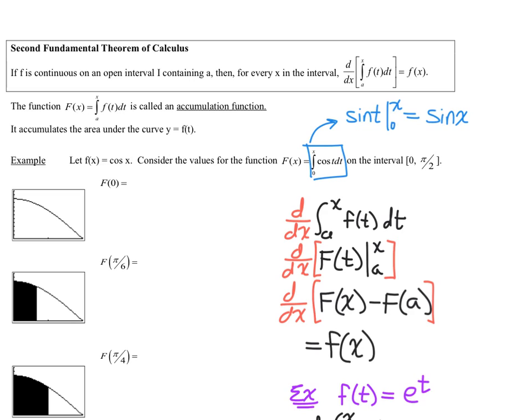And then from this function, I can find f of 0, which would be 0. According to the diagram, that makes sense. No area has been accumulated. How much area would have been accumulated after I've gone pi over 6 in the x direction? Sine of pi over 6, which is 1/2.